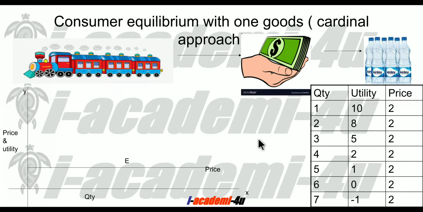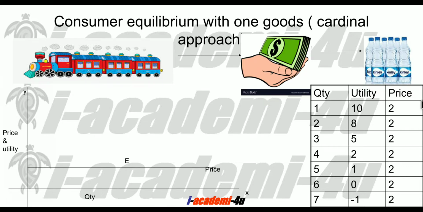Now, the line which you see is the price. You can see in the table that no matter how much utility we derive from a product, the price of a good is fixed. In a perfectly competitive market, the price remains unchanged.